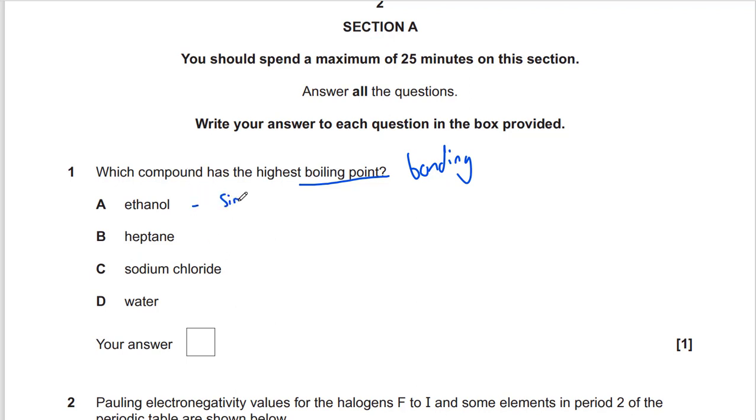Well, ethanol is simple covalent. Put simple cov. Heptane is also a simple covalent. Sodium chloride, NaCl, is ionic. And water is also simple covalent.